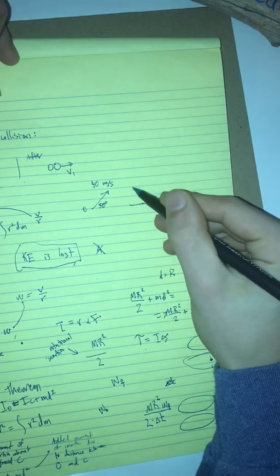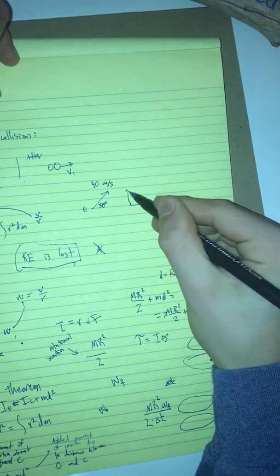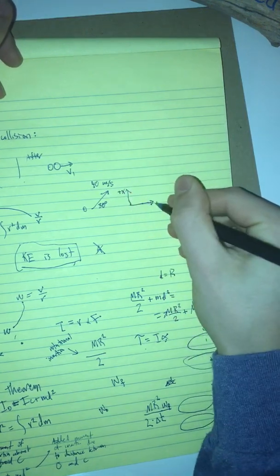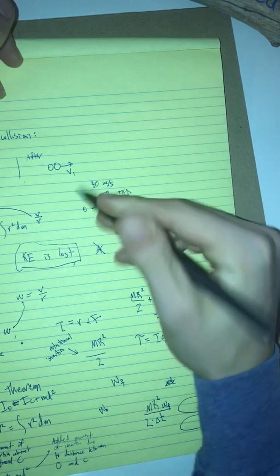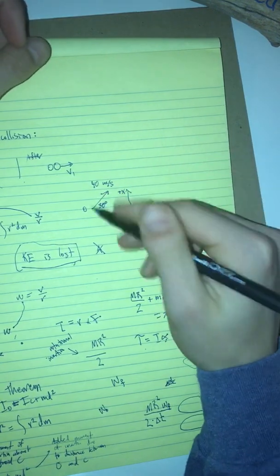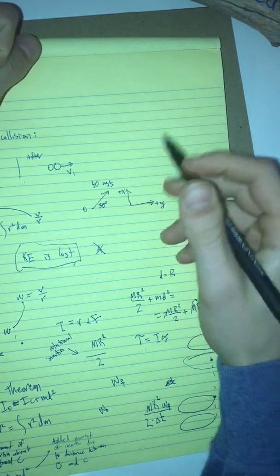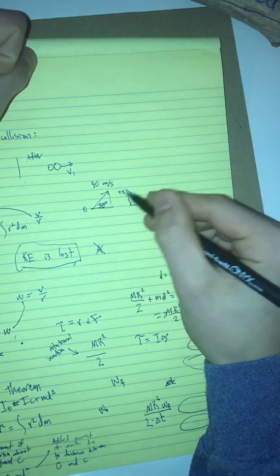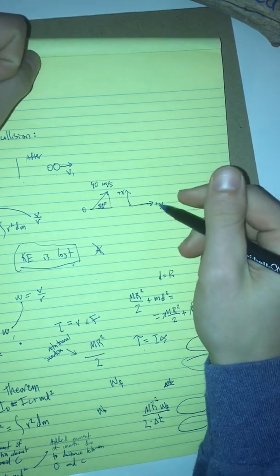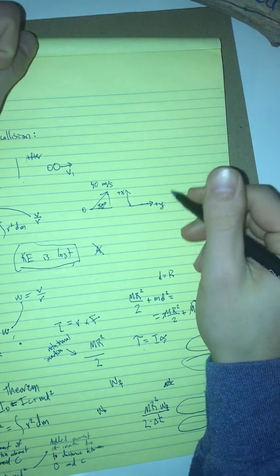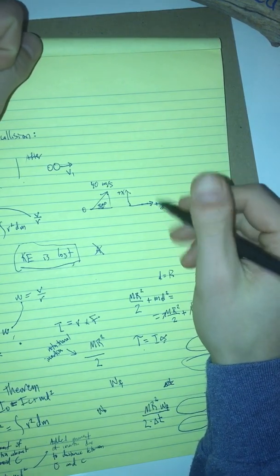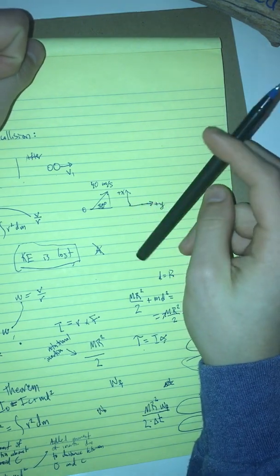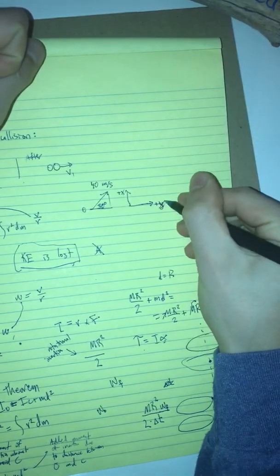So we want to find the x and y components of this vector, where this is the positive x and this is the positive y direction. So all we have to do to find that is use this angle. Sorry, my bad.